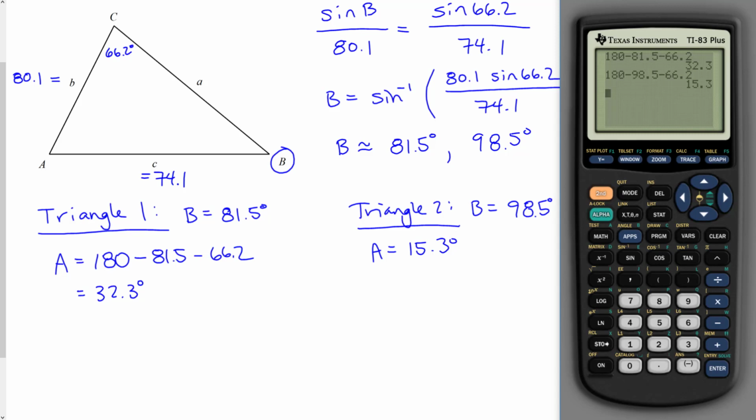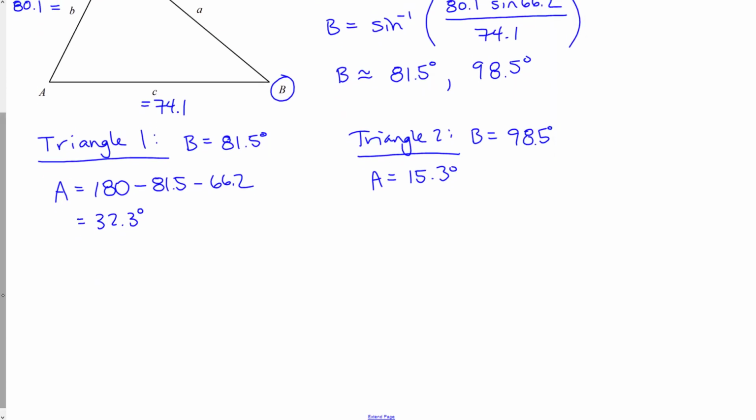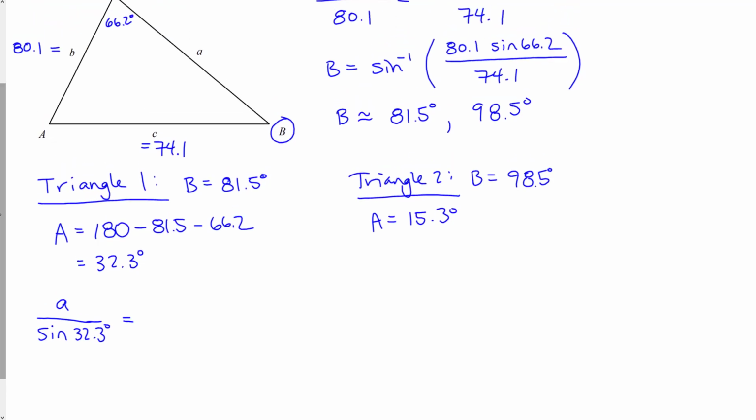So now the last thing that we would need to solve for in each one of these is side A. To get side A, we need to take A divided by sine of 32.3 degrees equals, and then just use some original known information. So I'm going to take 74.1 divided by the sine of 66.2.